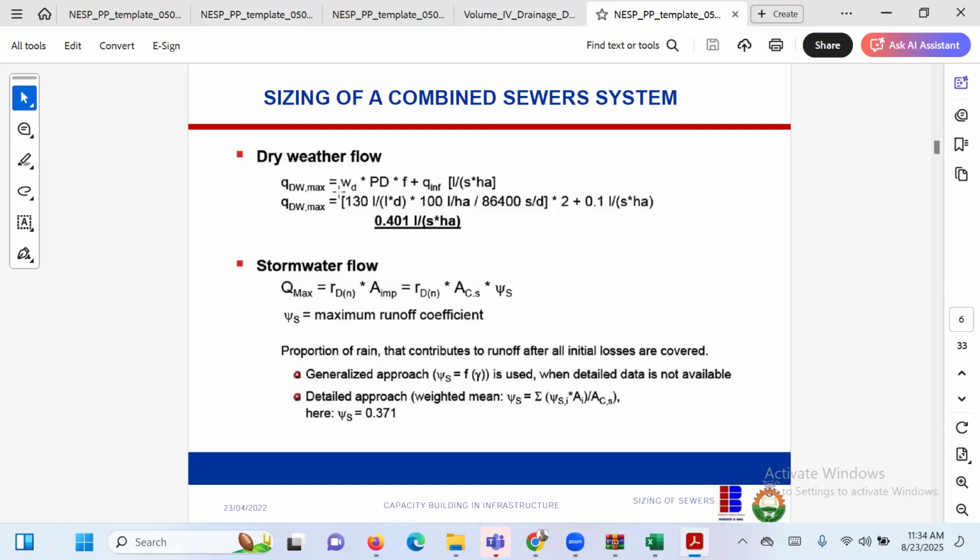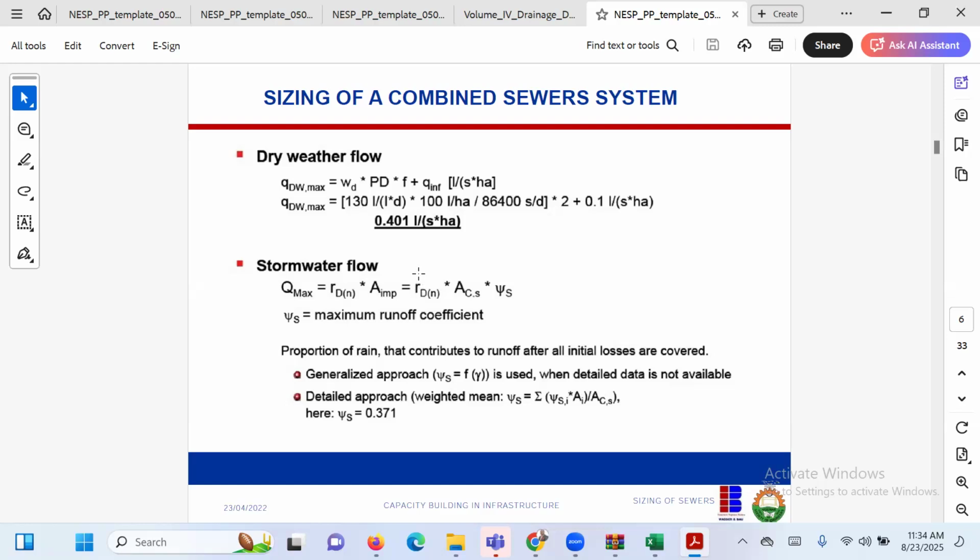For stormwater, we simply multiply the rainfall intensity by the area of imperviousness. The area that is impervious, that's the area that's generating runoff.